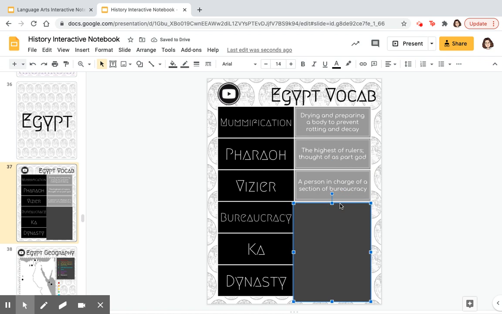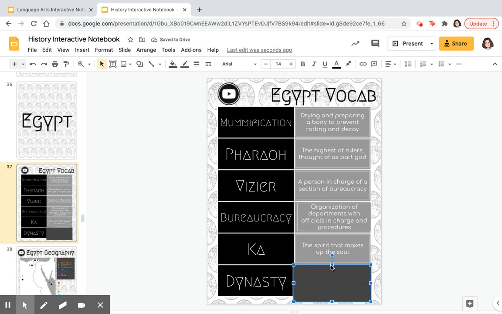A vizier is a person in charge of a section of bureaucracy. And that section of bureaucracy is an organization of departments with officials in charge and procedures. So it's broken up into departments that have their own people in charge and their own rules, which is a bureaucracy.